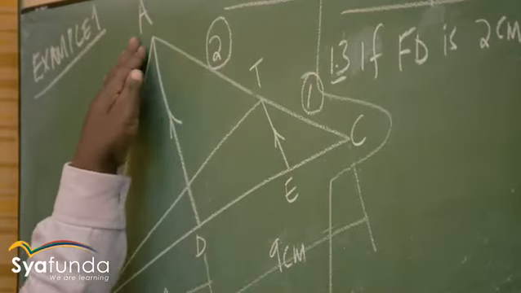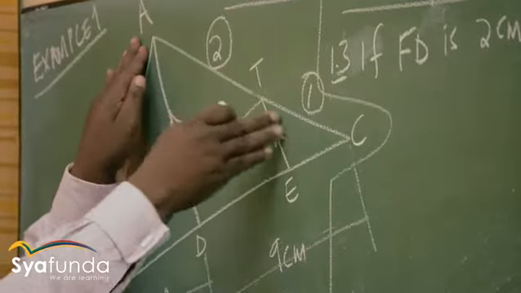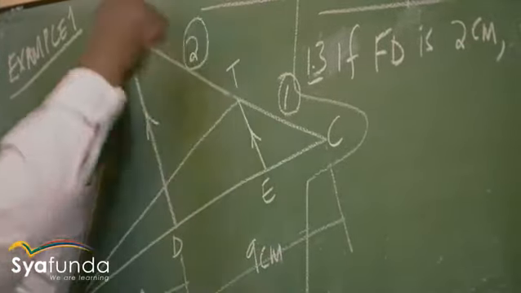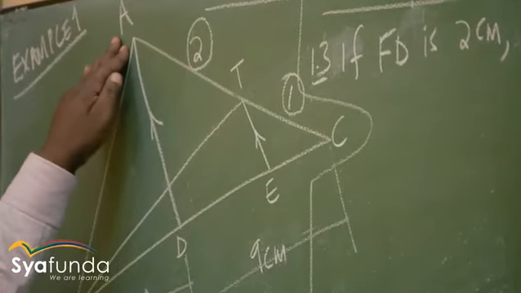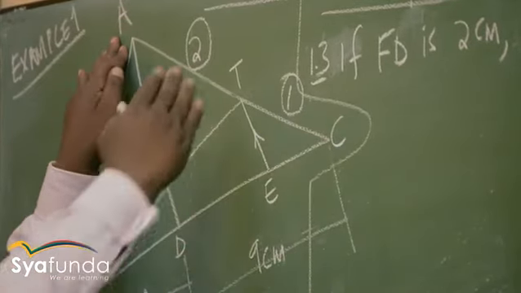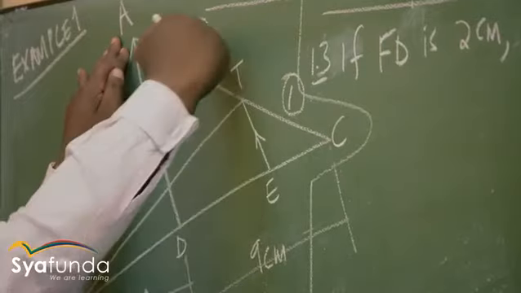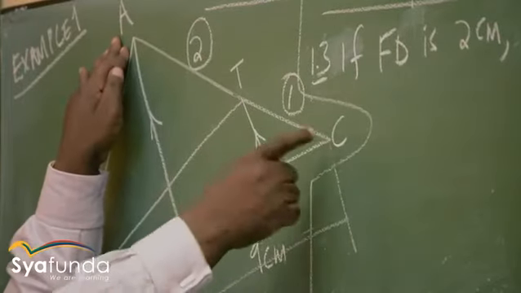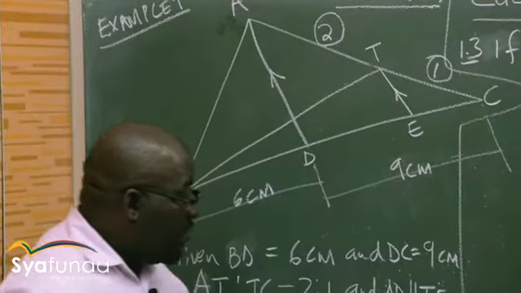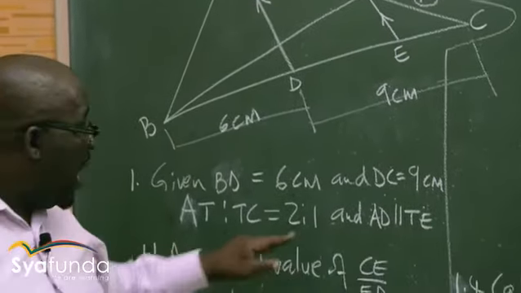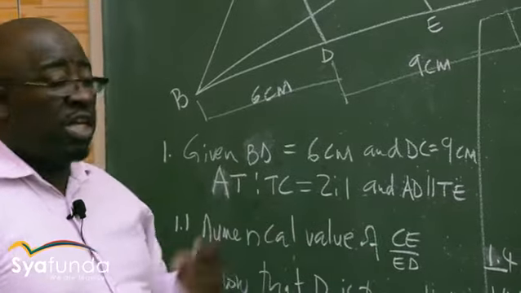These two are parallel lines. It will mean that this side over that side is the same as this side over this side. From the proportionality theorem, a line drawn parallel to one side of a triangle will divide the other two sides proportionally. It means that this over that is the same as this over that. We're getting that from the information that AD is parallel to TE.